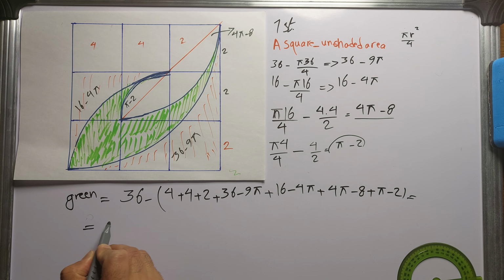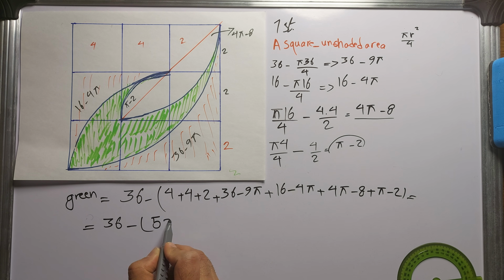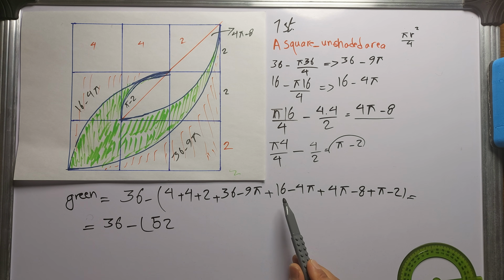Yep, so 36 minus 52. So let me just add it together. 10, 46, 62 minus 10, yes, 52.